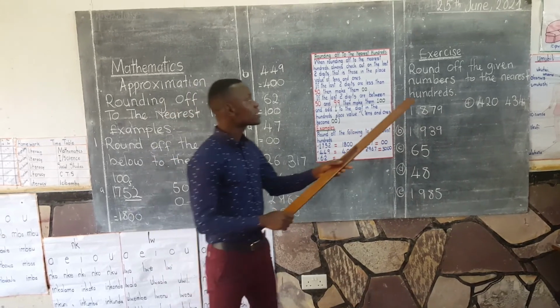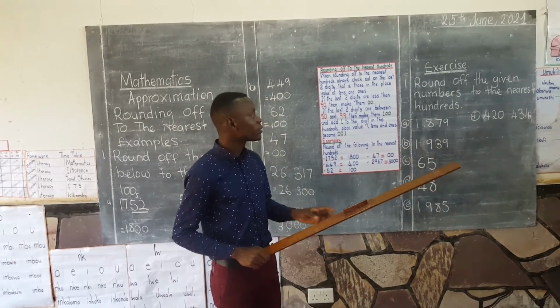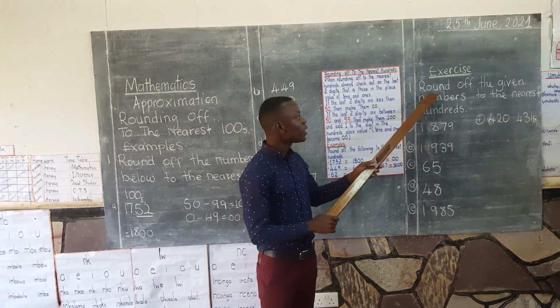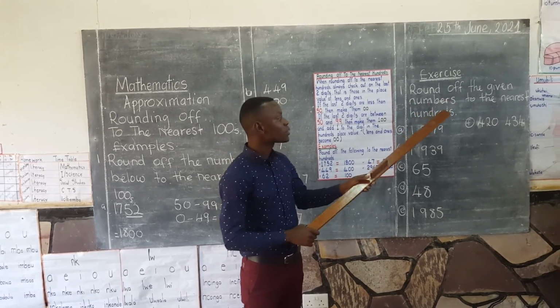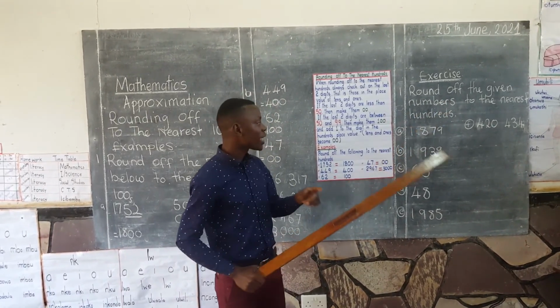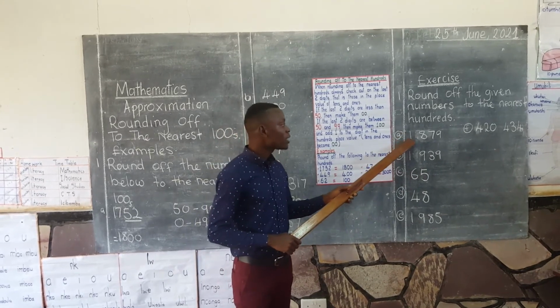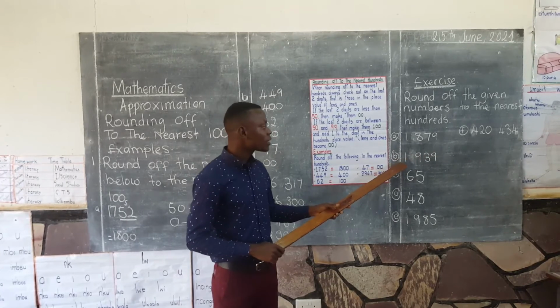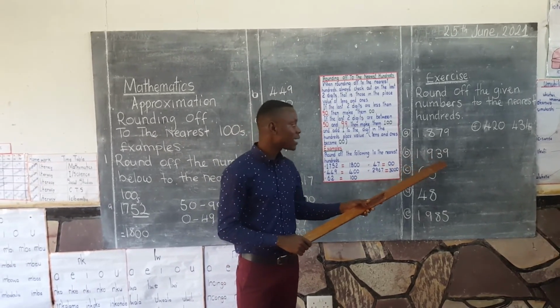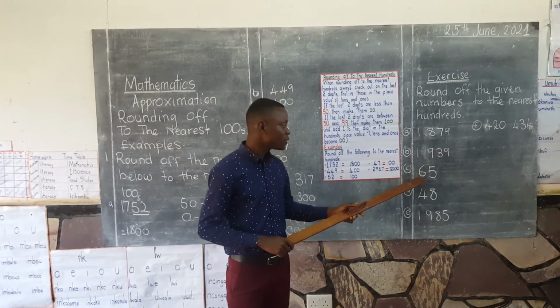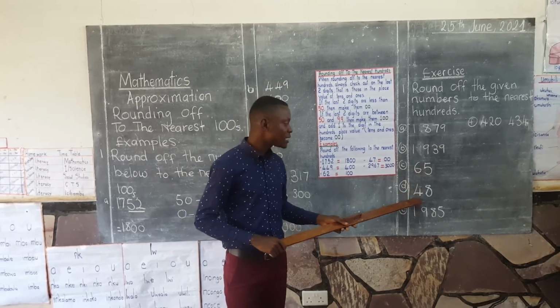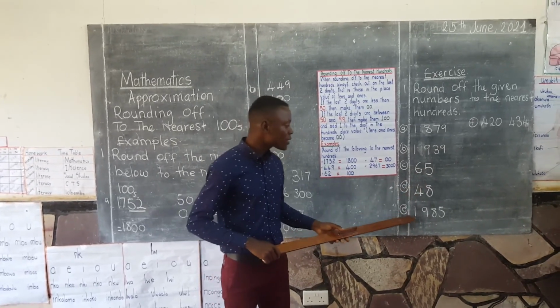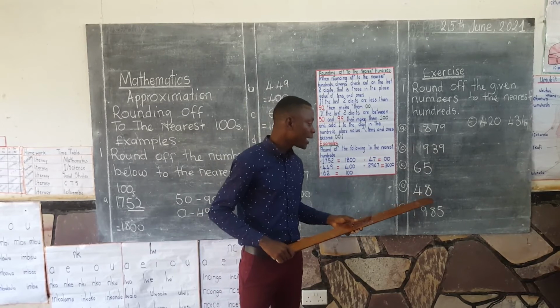Alright, so this is the exercise that I'm giving you, where it says round off the given numbers to the nearest hundreds. So we have number 1, or A, 1,879, then B, 1,939, we have 65, we have 48, and we have 1,985.